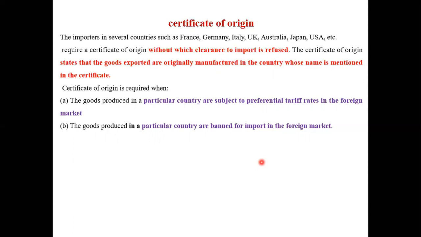Now, country X does not want any item to be imported from country Y. Okay, but they are ready to get the goods from country Z. So in that case, they will ask country Z to clearly mention that the goods are produced by country Z. It is not that Z is exporting goods after importing them from country Y, because under any circumstances, country X is not willing to accept the goods from country Y.